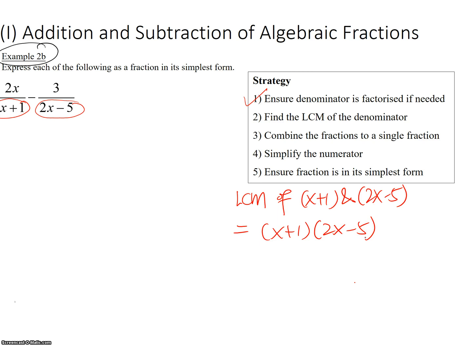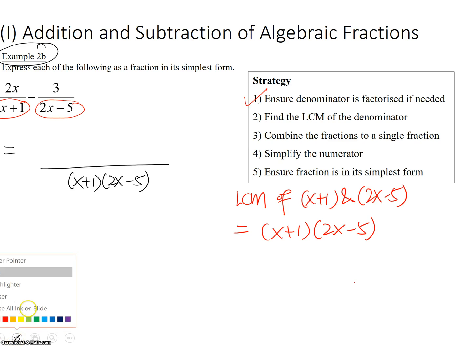In order for me to combine the fractions into a single fraction, I know that my denominator will be the LCM of these two, and that is x plus 1 and 2x minus 5. Now, what do I need to do to my numerator? For the first fraction, I need to multiply by 2x minus 5, so I must also multiply 2x minus 5 to the numerator.